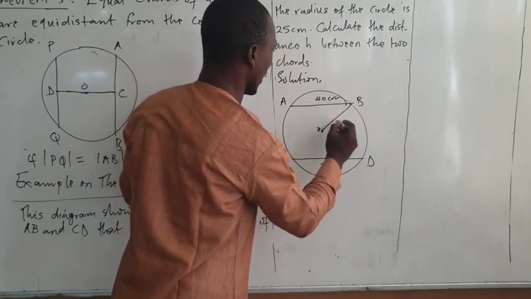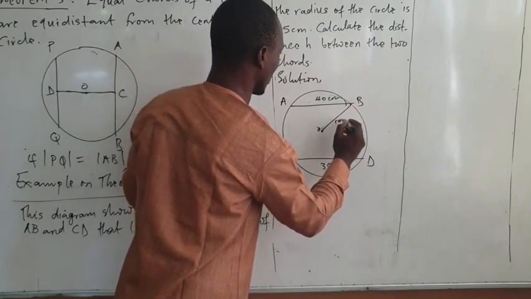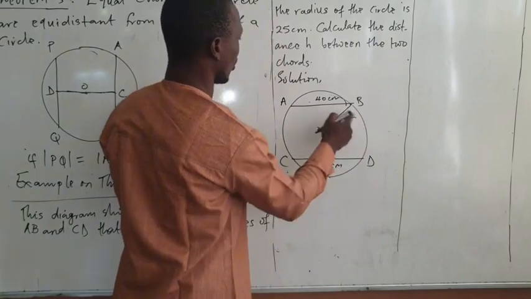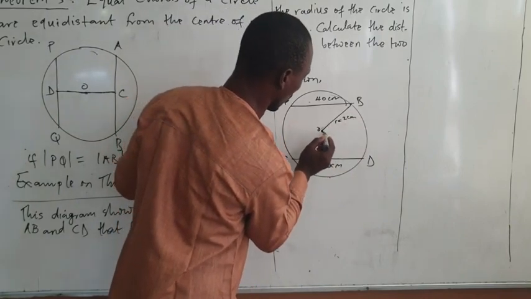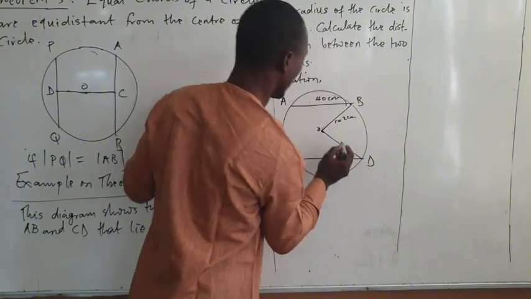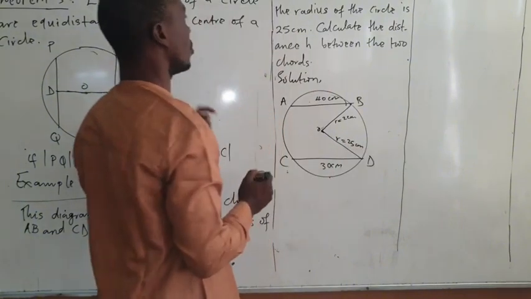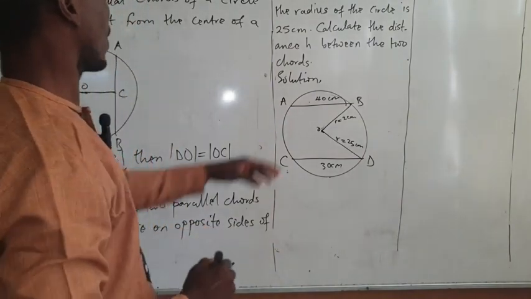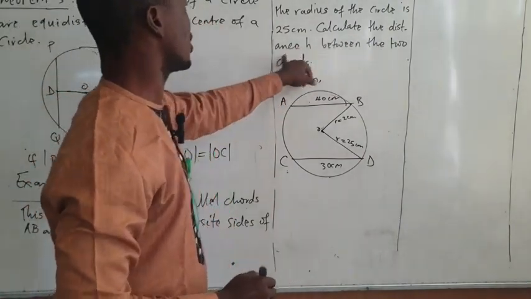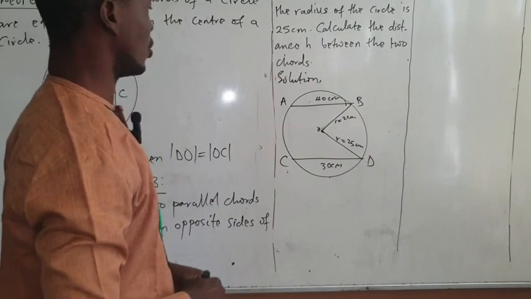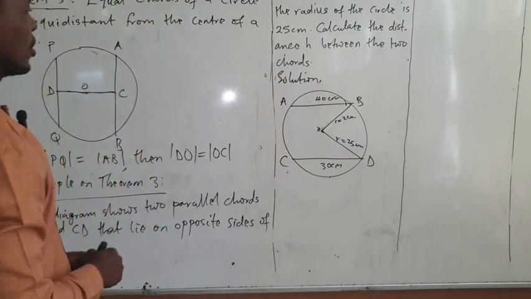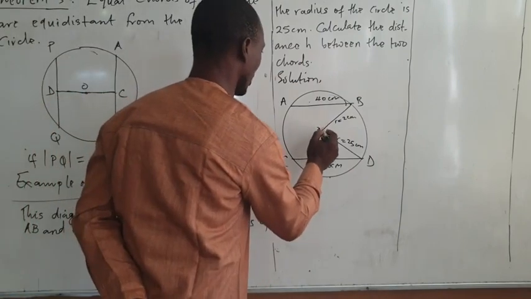So the radius is 25 centimeters to chord AB. Then you can join it to chord CD as well, and that radius is also 25 centimeters. So calculate the distance H between the two chords. To get the distance between the two chords, just draw this.